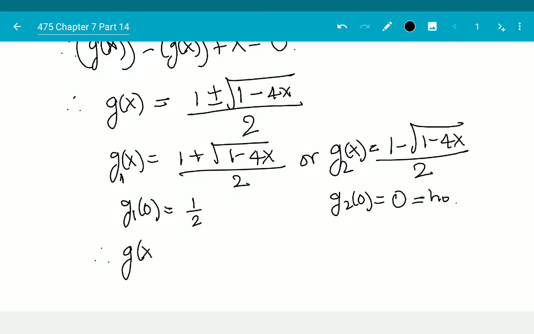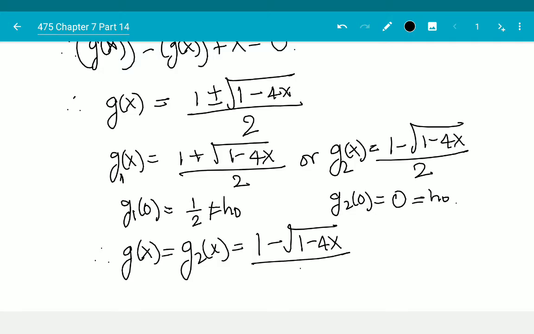Therefore, g of x is equal to g2 of x, which is 1 minus the square root of 1 minus 4x over 2, which is 1/2 minus 1/2 times (1 minus 4x) to the 1/2.